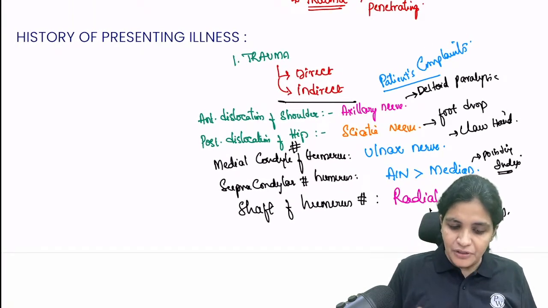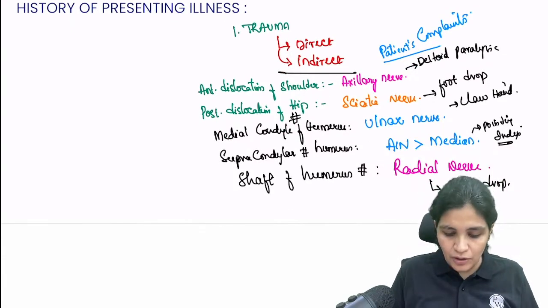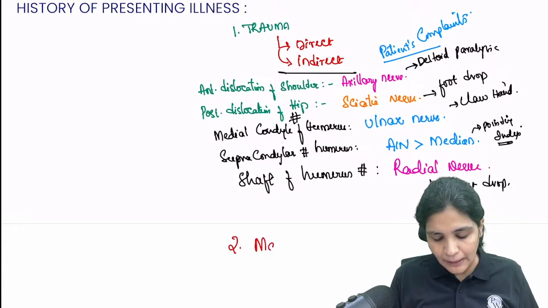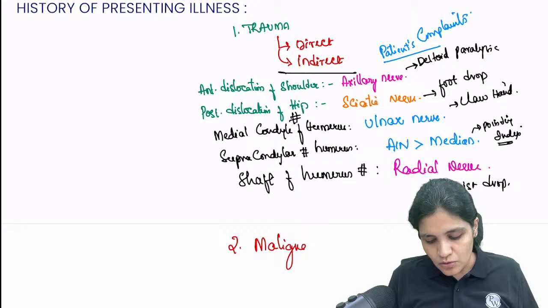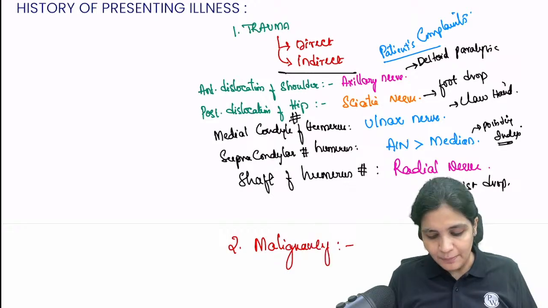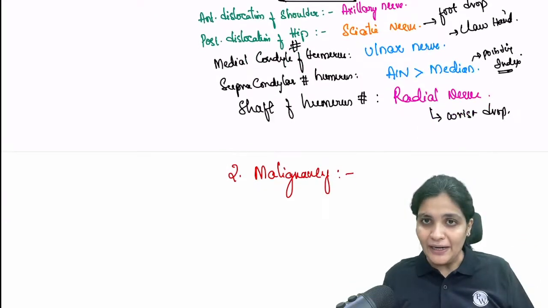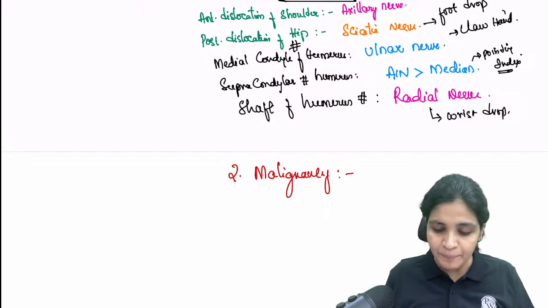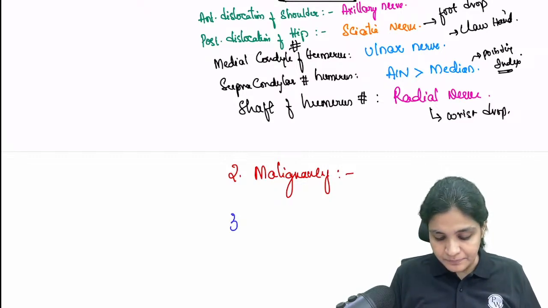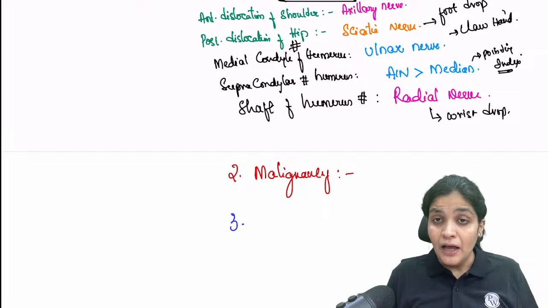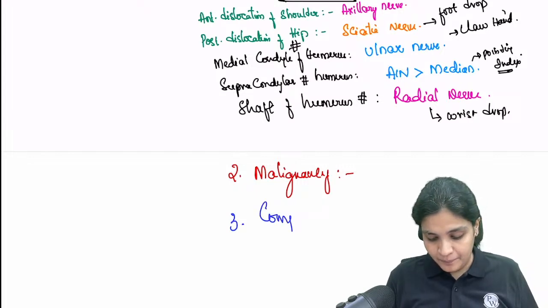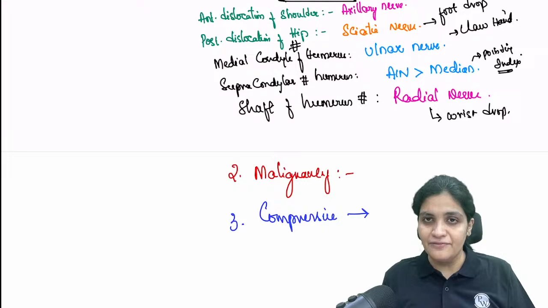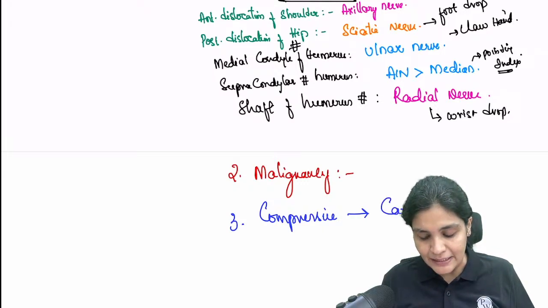Now you will ask about the trauma, and if not trauma, the second one could be a malignancy. There could be a malignancy where the patient complains about some swelling or some problem, and this has resulted in so and so injury. And then it could be some compressive syndromes like your carpal tunnel syndrome, right?